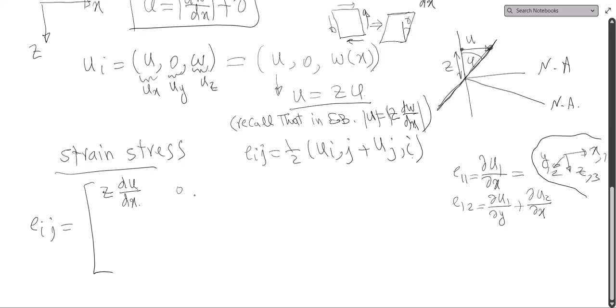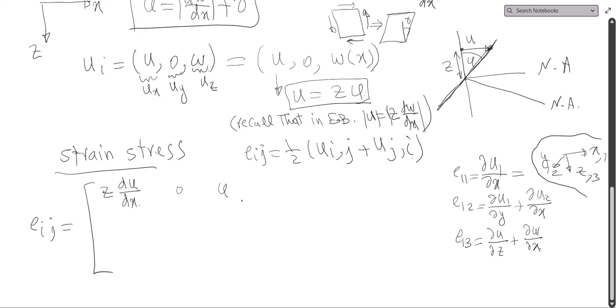Now look what happens at E13. Maybe I write these u's in terms of the u and w. So this is u1, so this is du dz plus dw dx. So du dz is phi because I'm differentiating this with respect to z.